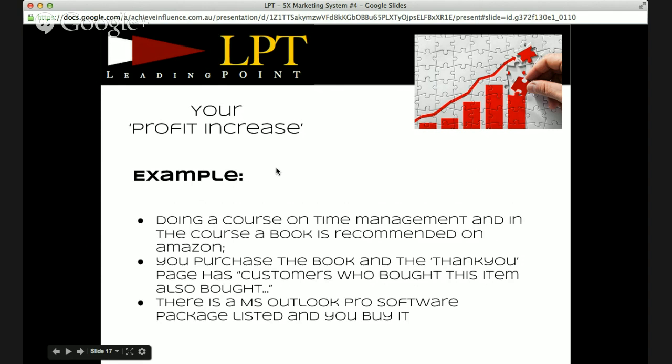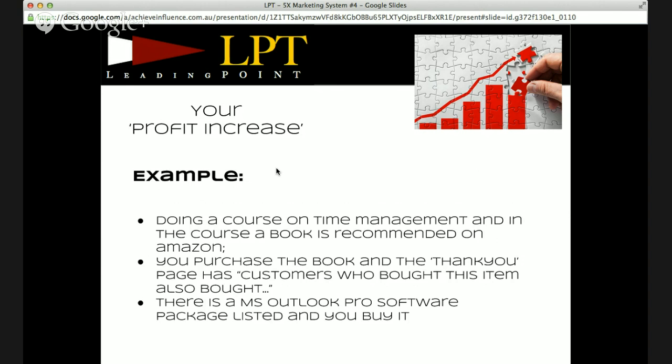And you see on there that there's a Microsoft Outlook professional package. Let's say it's Office 2013, that's listed there, and that you buy that because you are now thinking, done the time management course, I've bought the book, and I have a pretty good idea of what's on the book and what to expect.